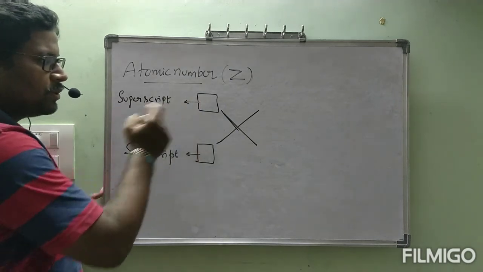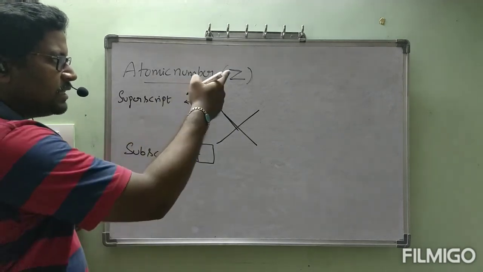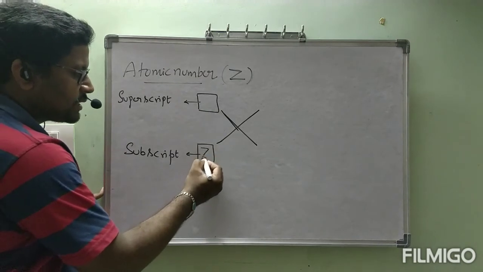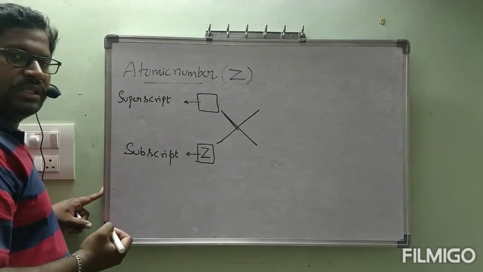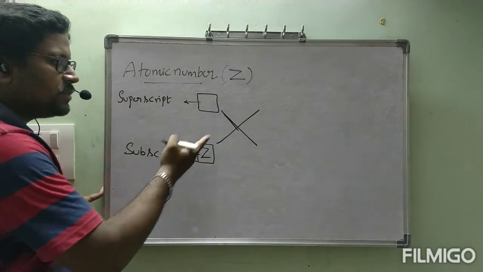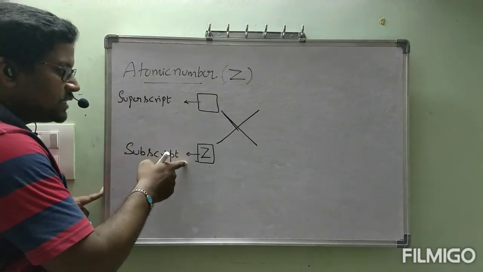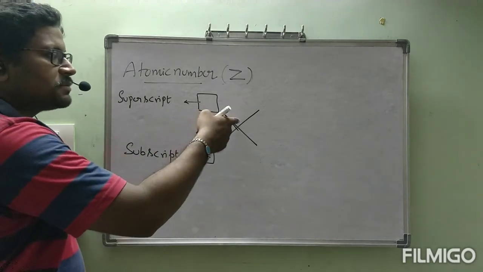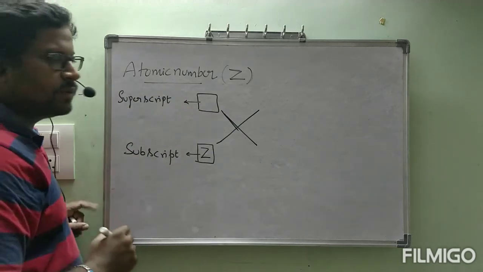Down and above. This Z is represented in the subscript of the symbol. Example.